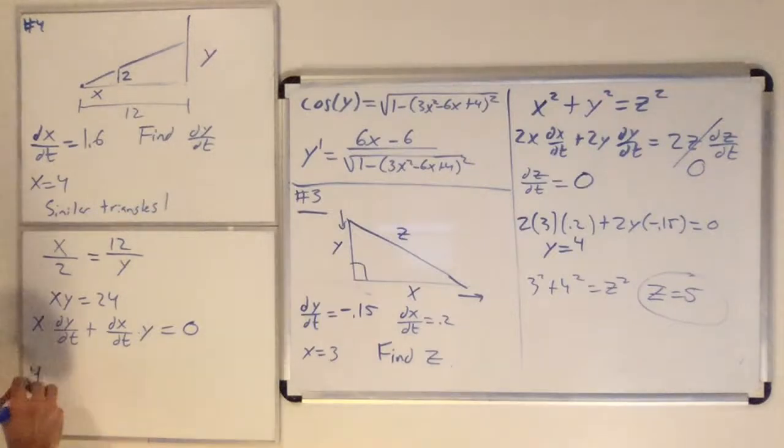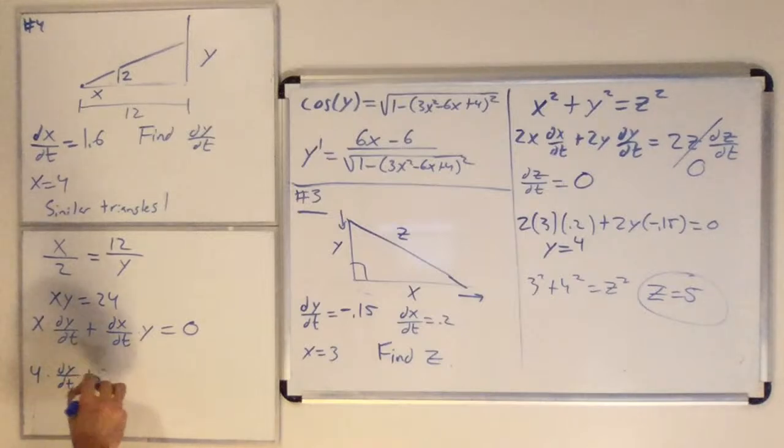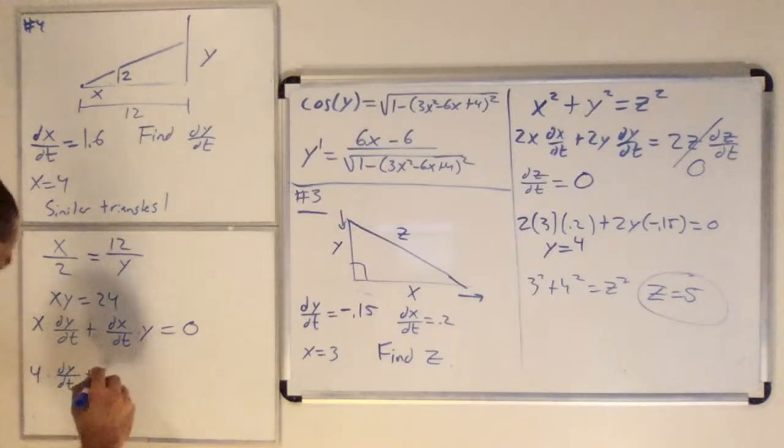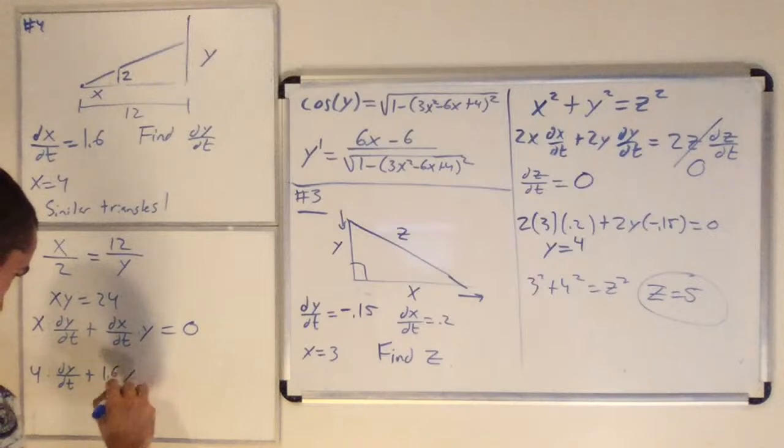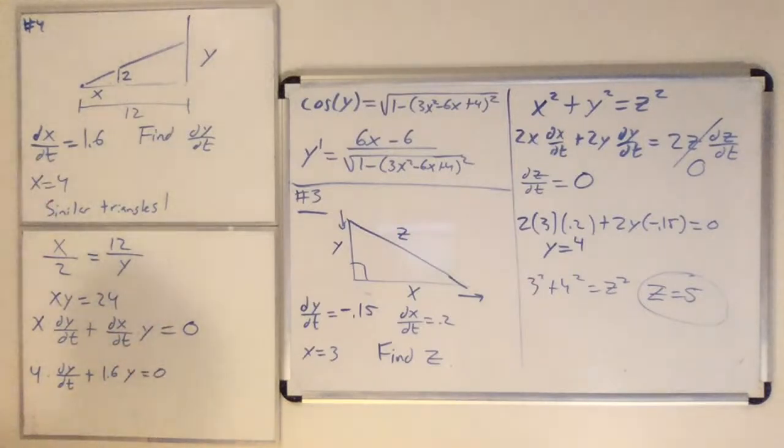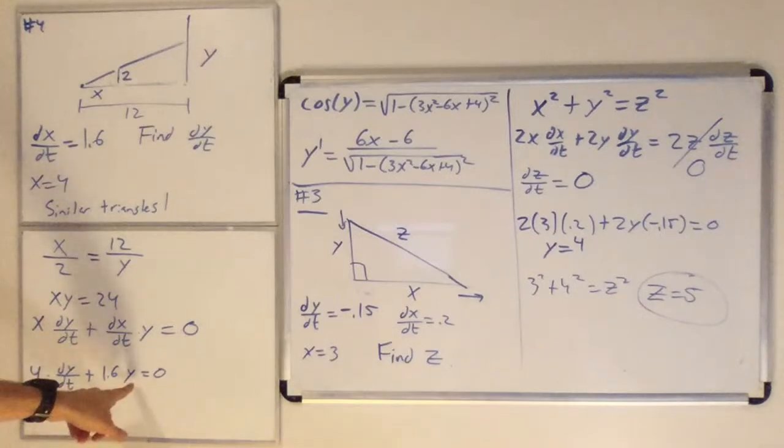And so now let's plug. We know dx/dt. That's all the information we have. So how do we get y? We need to find y somehow.